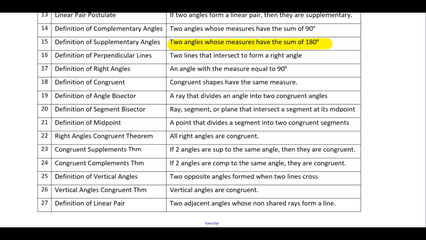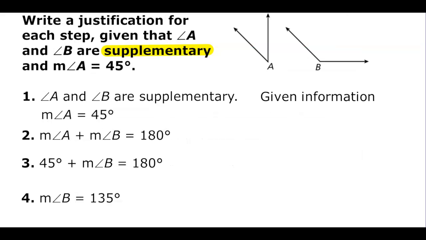Remember, sum means add up. So that right there is the reason for us being able to do this. We can add them up because the definition of supplementary says so.